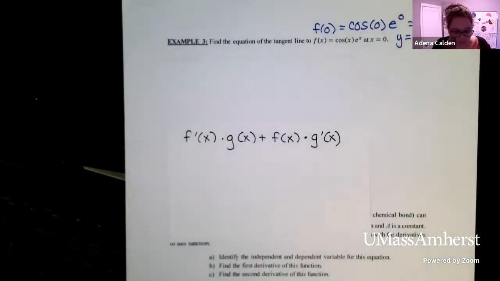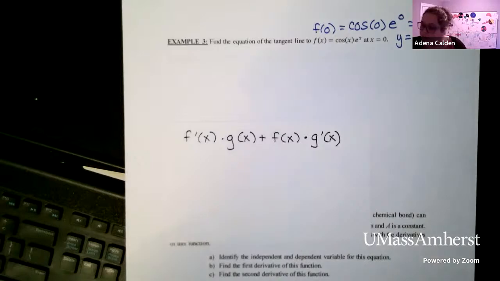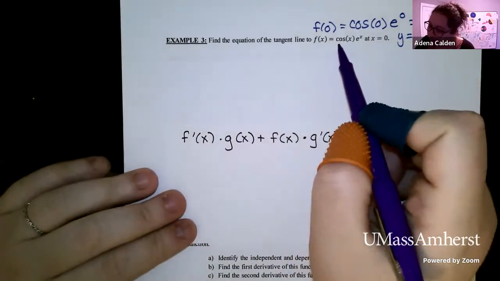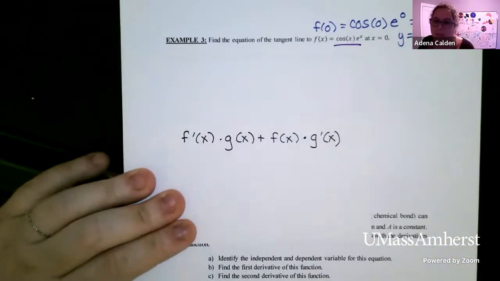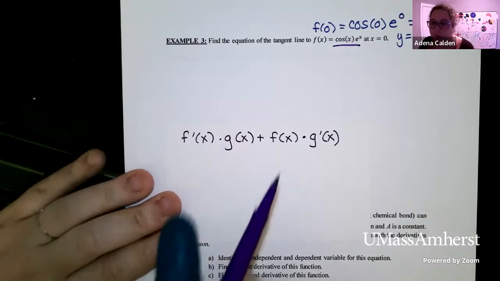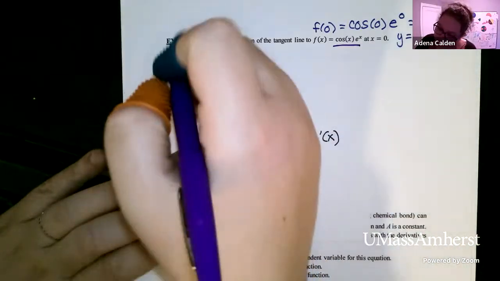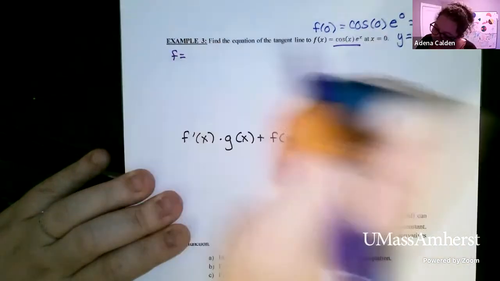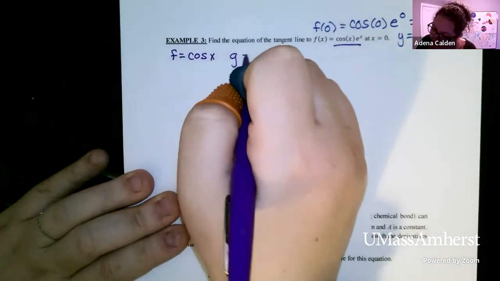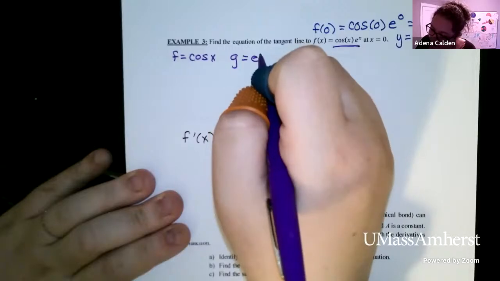Okay, so now we need to find the derivative of our function so that we can find the slope of our tangent line. In order to find the derivative, we look at our function here and we see that we have two functions multiplied together. So we think product rule. We take our first function, and that's our f. And our second function is our g.